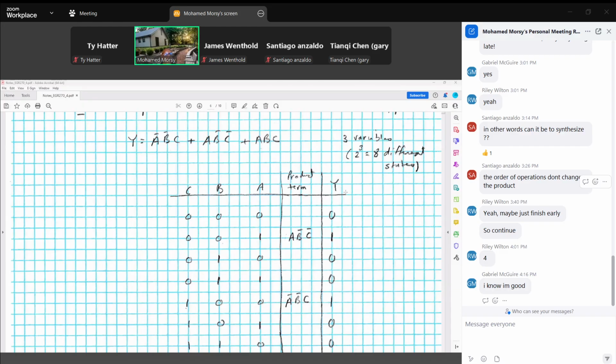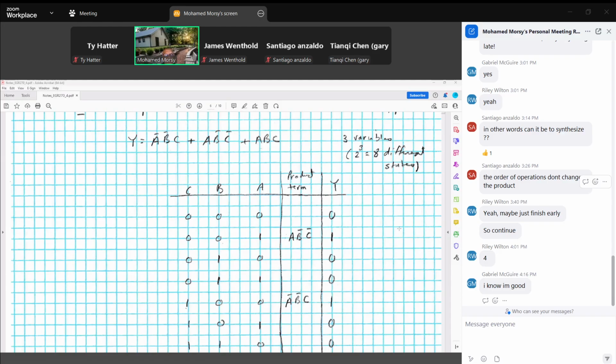Now the output Y equals 1 based on this, which means in the circuit, in the design, whatever the design inside, if we have the inputs A is 1, B is 0 and C is 0, the output of the system must be 1.